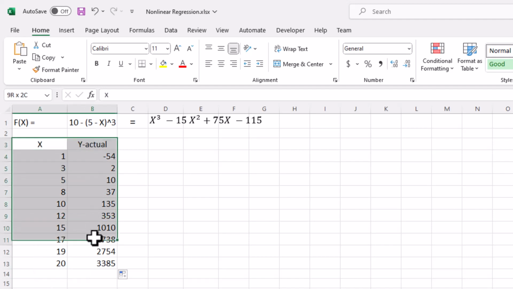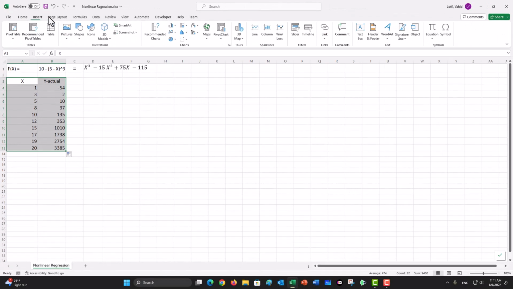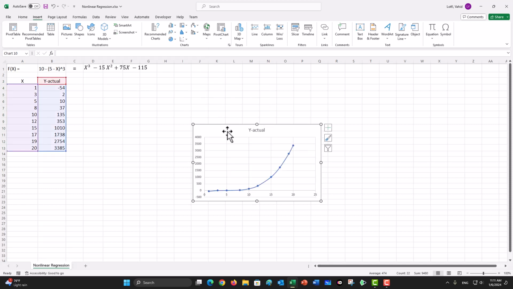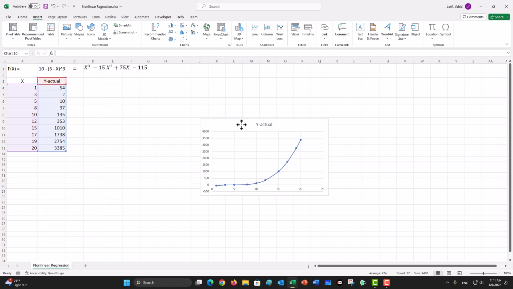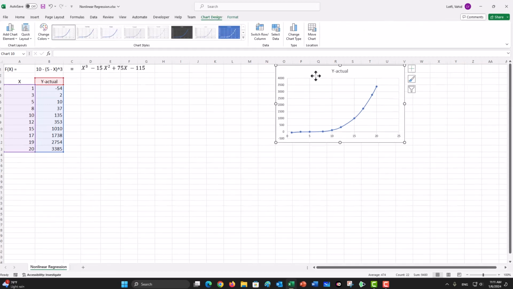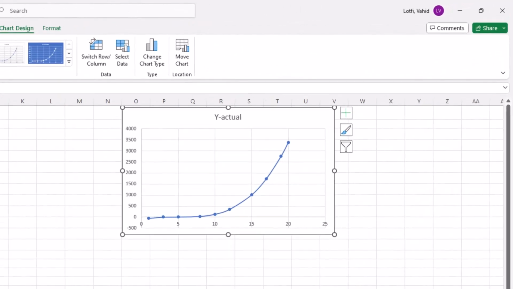So I will highlight my data and select insert and select scatter plot, and I'll just take a line like that. And I'm going to move this plot over here because I am going to add additional plots as we move forward.